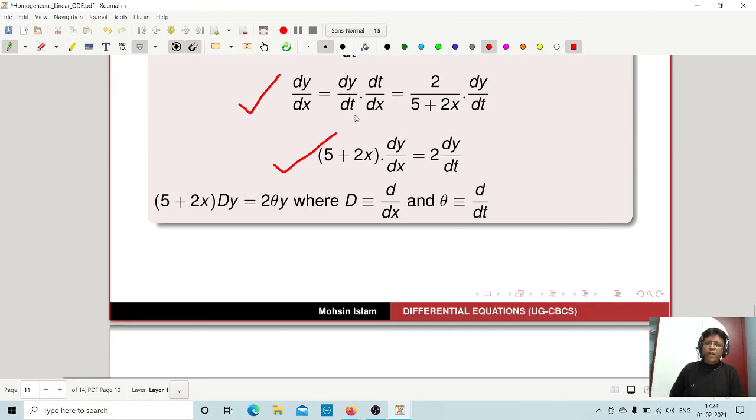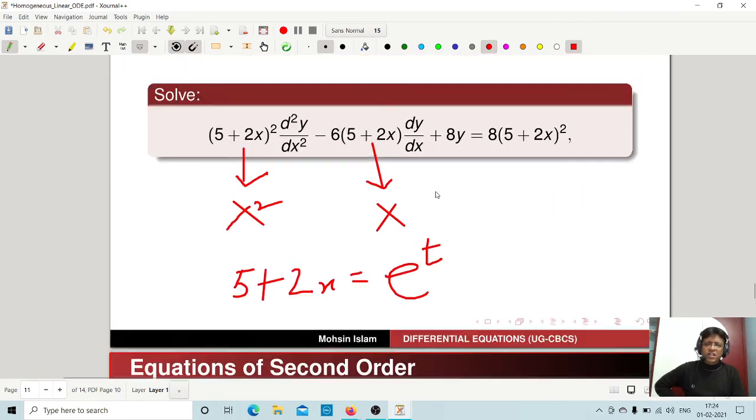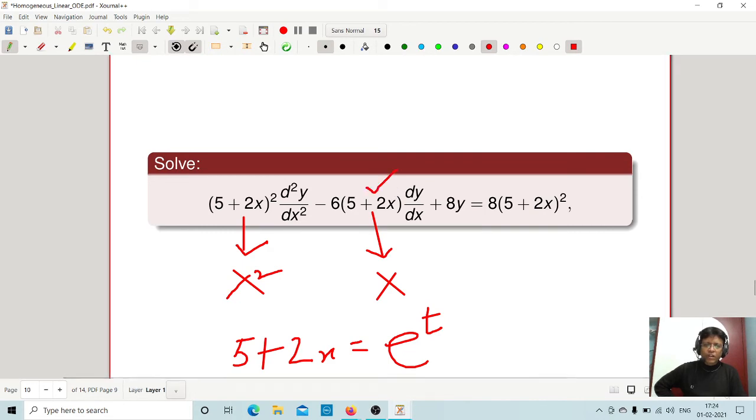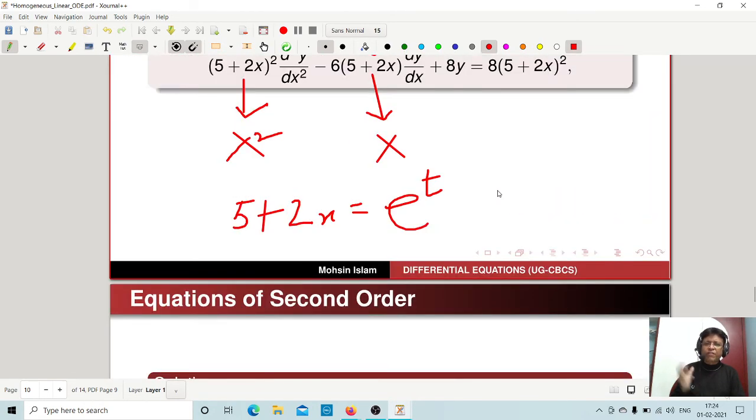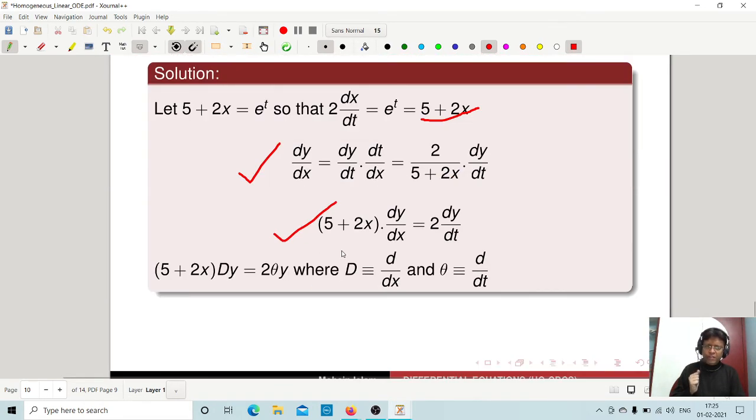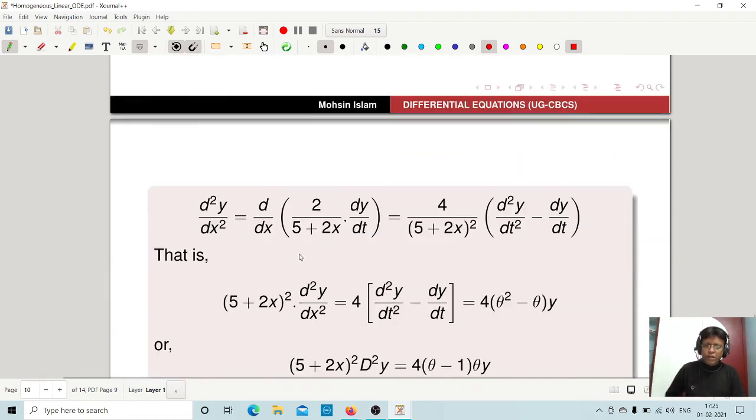Now your (5 plus 2x) dy/dx, that is this term, you look at that, this term is replaced by 2 theta, right, where theta is equivalent to d/dt. So this is the same calculation. Only thing is that you have to identify the equation, right? This is very, very important type of problems. You have to identify the problems and you have to do the same calculation. It's a very simple calculation.